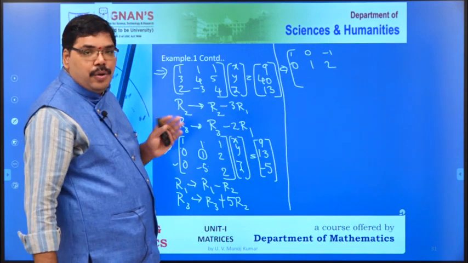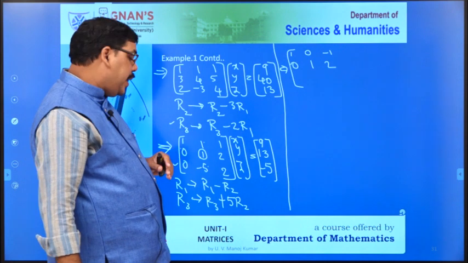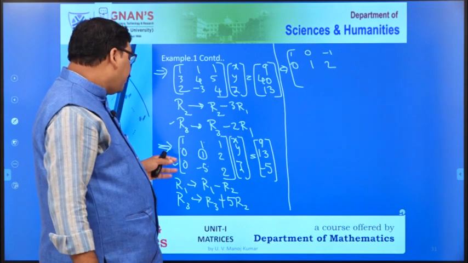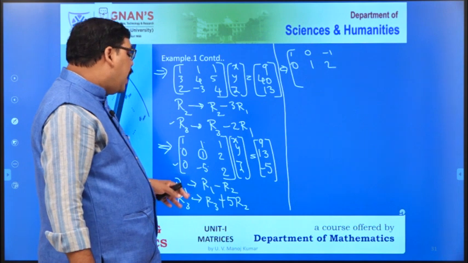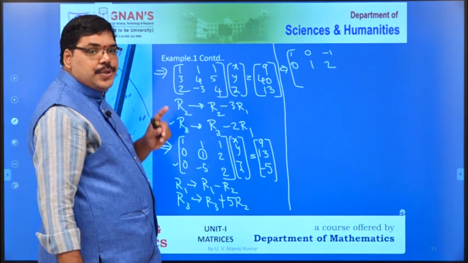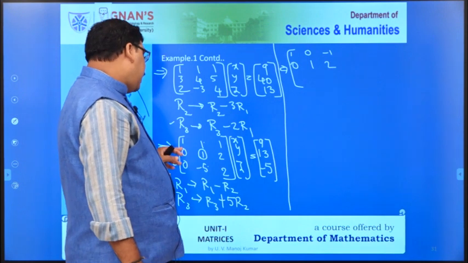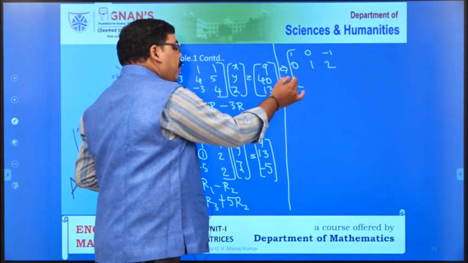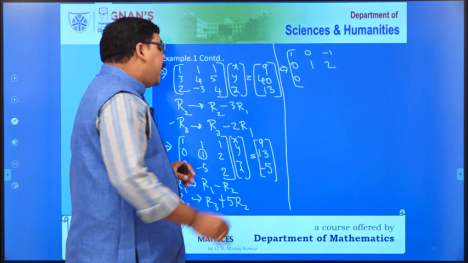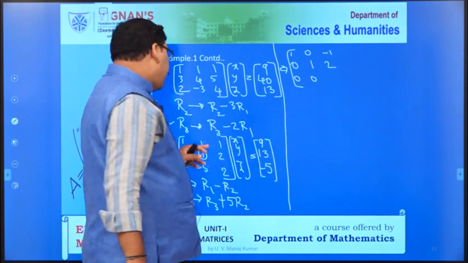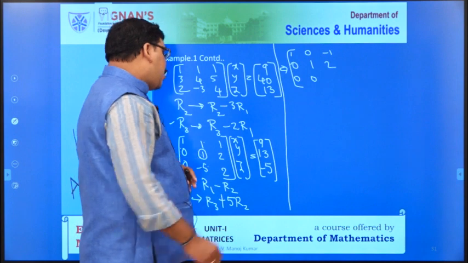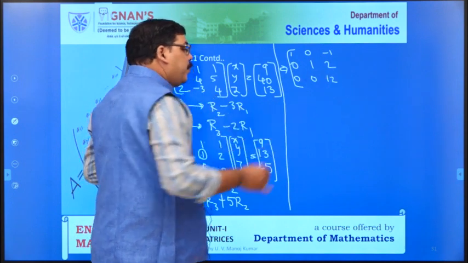Third row is changing, R3 plus 5 R2. You are multiplying R2 with 5 and then adding to R3: 0 plus 0, 5 minus 5, 5 into 2 is 10, plus 2 is 12.